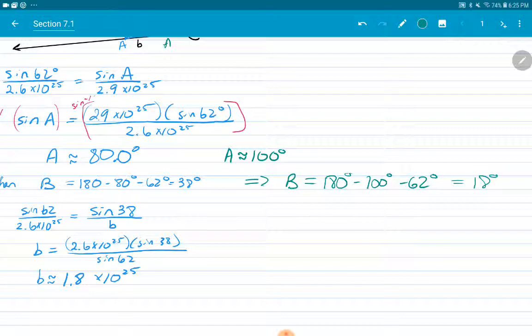And then I still have the same side C ratio, so I'll go ahead and just write that again. I forgot the degrees over here. I'll stick those in.